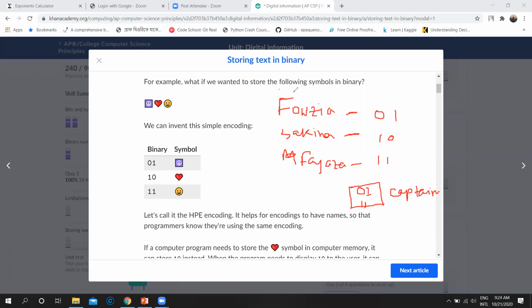If I write Faujia, I have to write more letters. For Sakina, I have different words. For Faiza, I have to write more words, and they would be different words. But if I always just process 0 and 1, it will be easier for me. My notebook, for example, can understand 0 and 1, and it's easier for it.